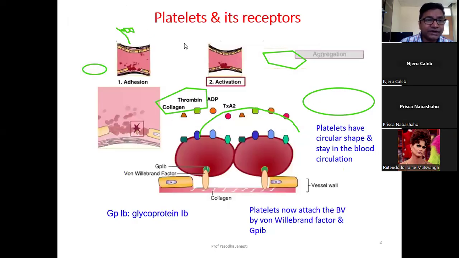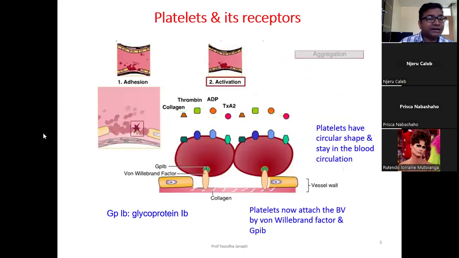Now you can see it here. Now you see the platelets. The first two to three slides will take longer duration, and the remaining drugs we can finish very fast. You see, the platelets will be traveling across the walls of the blood vessel.